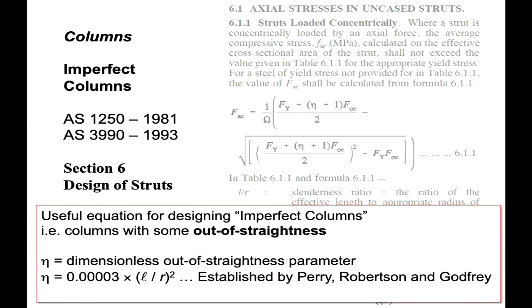When you've got an imperfect column, that is an out-of-straightness column, we've got this eta, a dimensionless out-of-straightness parameter that corresponds to this outrageous number times effective length on radius of gyration squared. It's established by some clever dudes as part of their formulation up here, which is a bit more complex than the one I've given because they've added in factors.